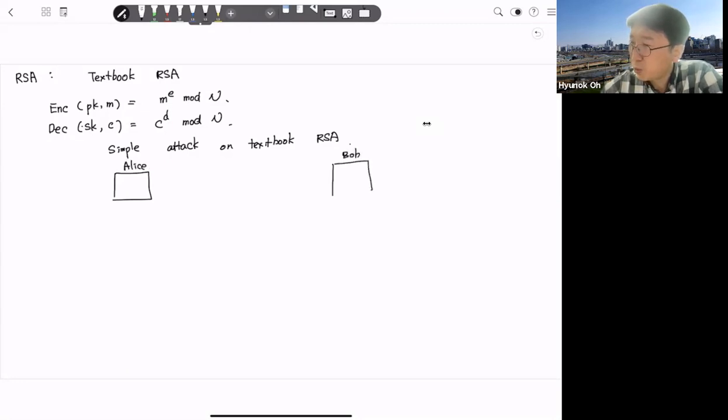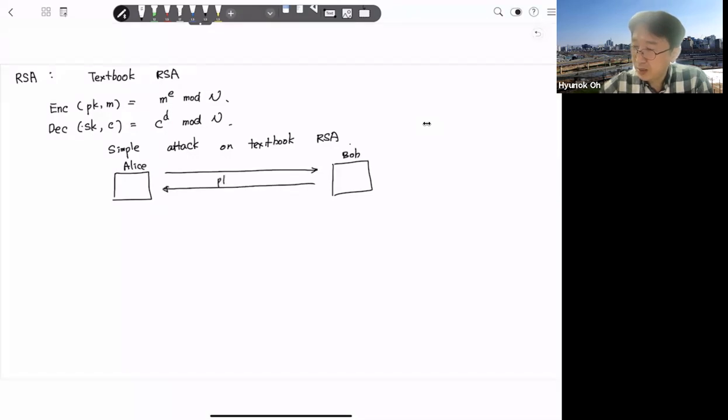So they are trying to establish a shared key. What they are doing is, for instance, one is sending hello, then it is broadcasting the PK, which is E, N. Then Alice chooses some random number, and encrypts the random number using this PK.